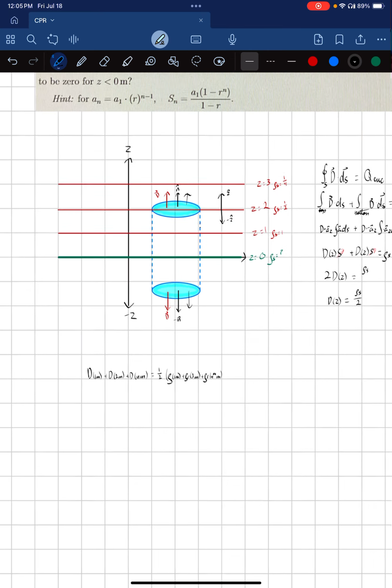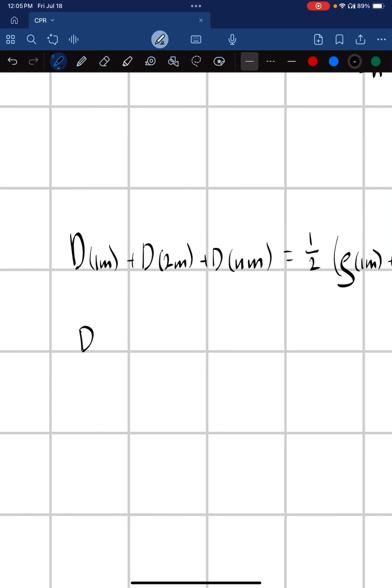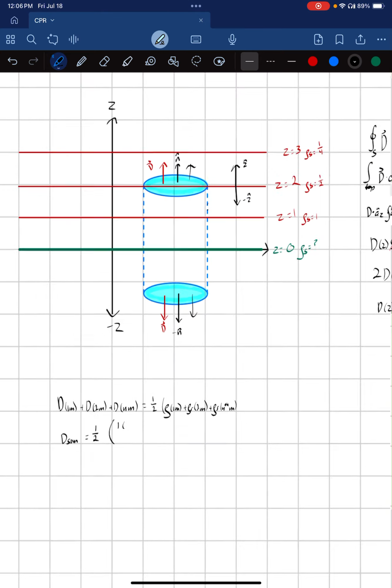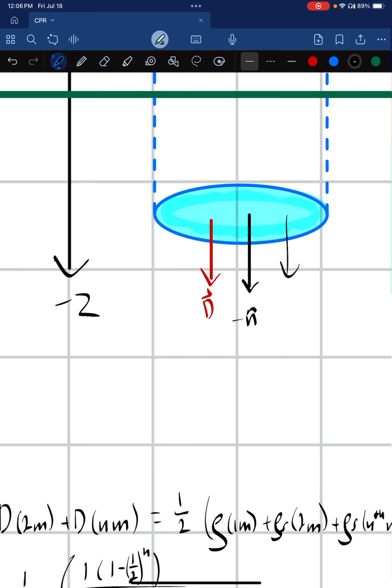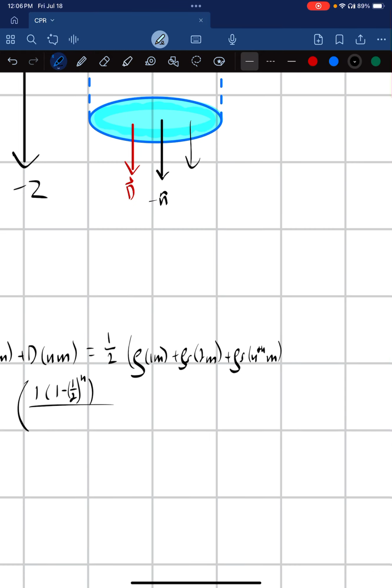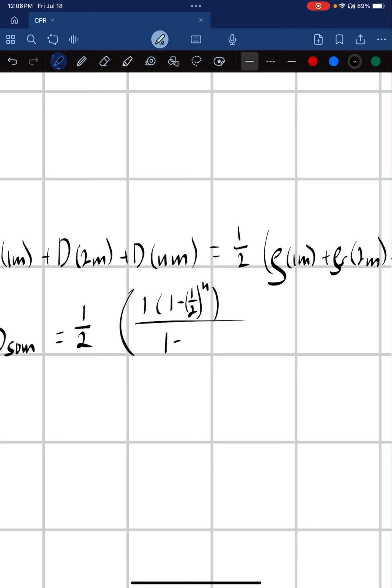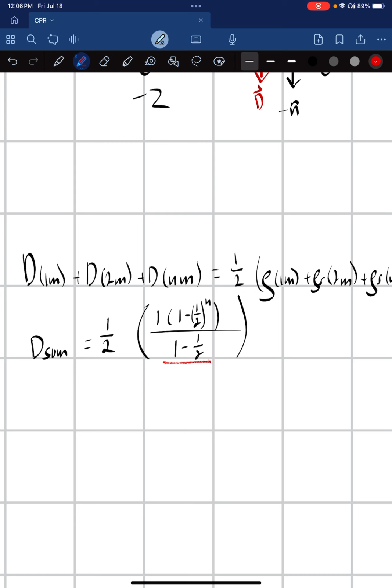With this equation, we can see that the sum of this for the electric flux is equal to 1/2 times 1 times 1 minus 1/2 to the nth power over 1 minus 1/2. And this will evaluate to 1/2. So these two will cancel out. This will go to 0.